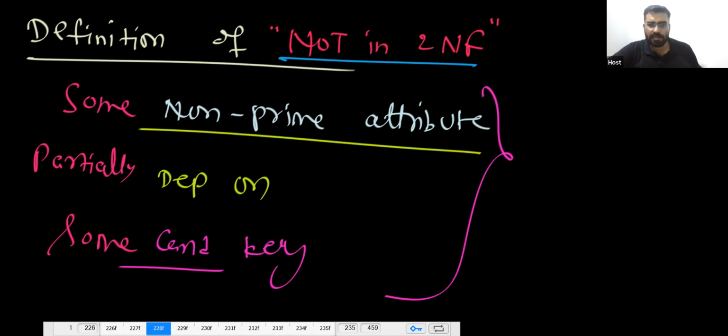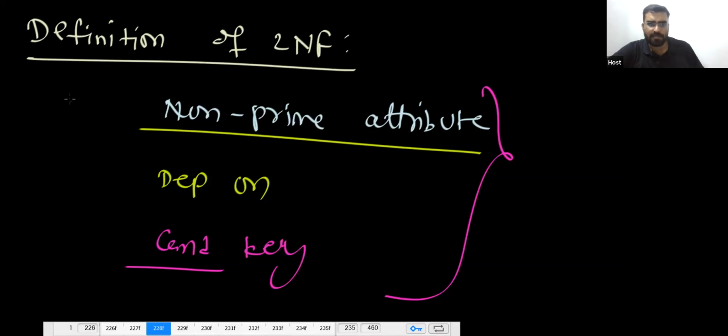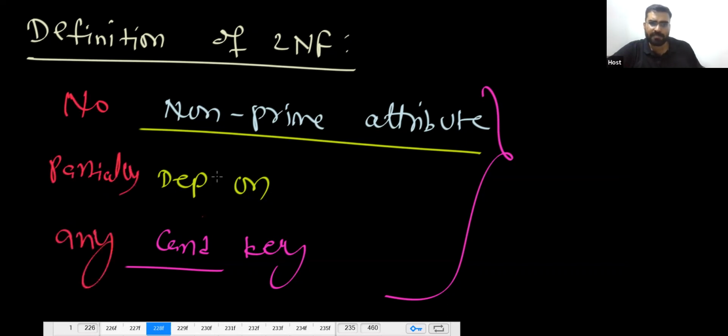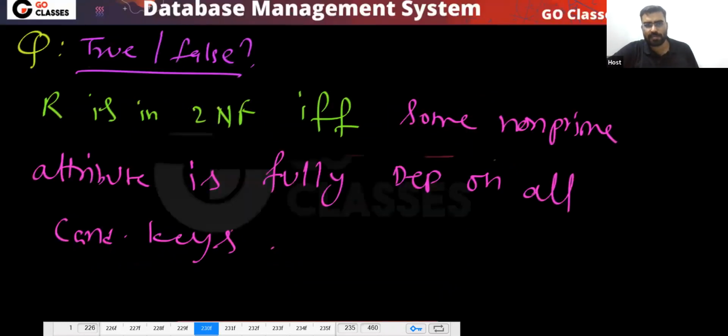These are the definitions. Another definition of 2NF: no non-prime attribute is partially dependent on any candidate key. Is this clear?